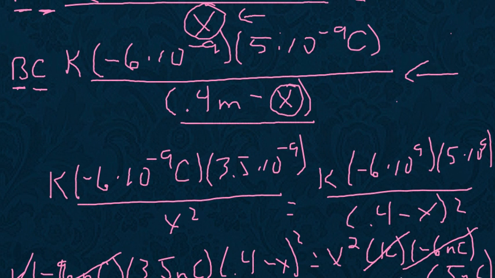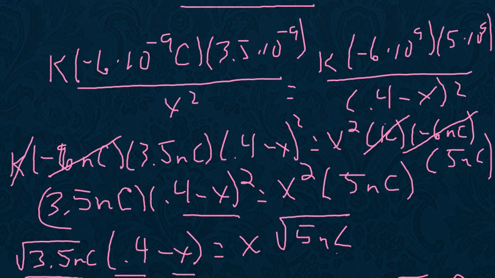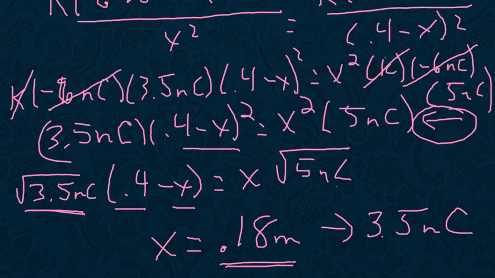Set up Coulomb's law for the second charge pair, using the total distance to help define the distance between our target charge and the other member of our charge pair. Go through all the horrible algebra. Expand out your formulas for Coulomb's law. Do your cross multiplication. Once you get to this step, make it easy on yourself and just take the square root of each side. And then it's a quick matter of going from this step to solving for x.